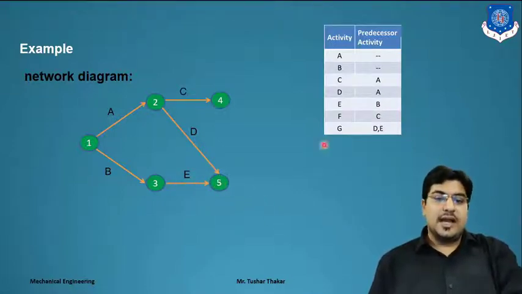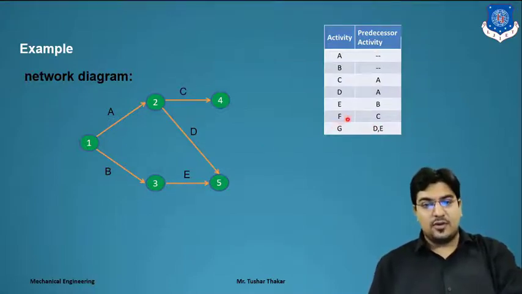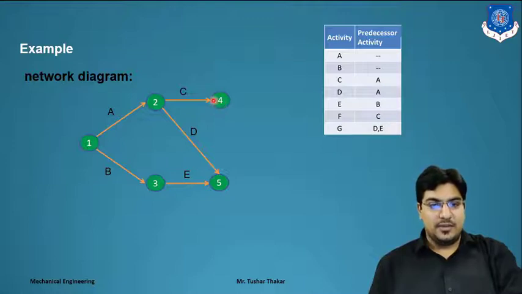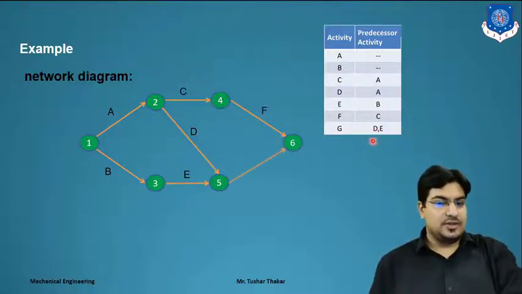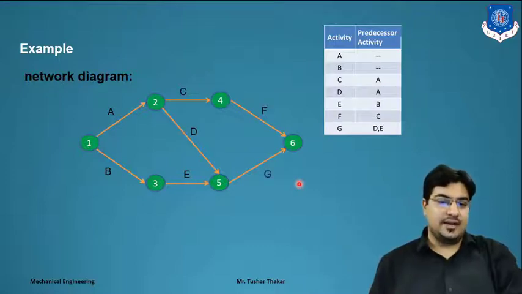Because activity G is dependent on D and E, means from node 5 we draw G. Before that we have to draw F, whose predecessor activity is C, so we can draw F from node 4. And from 5 to 6 we draw activity G. So the network diagram is complete. Node 1 is the start event, and node 6 is the end event, and we have drawn all activities on the network diagram.